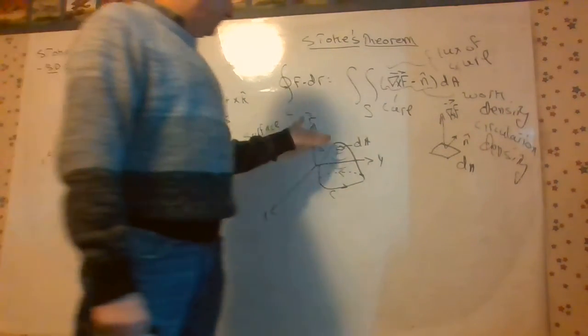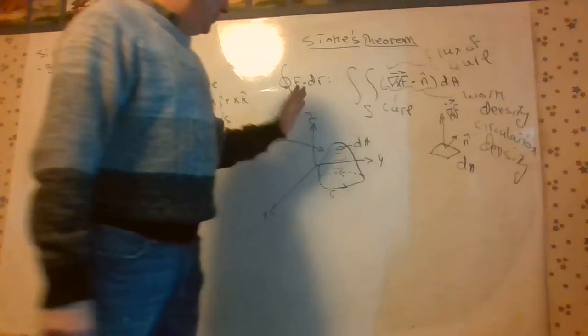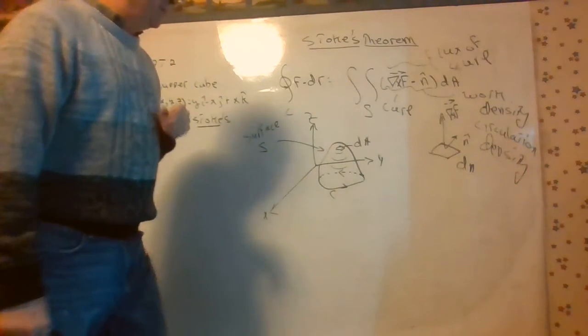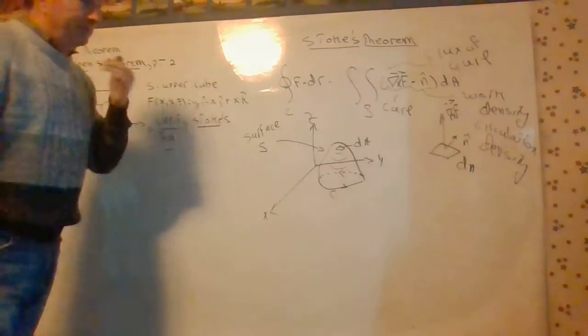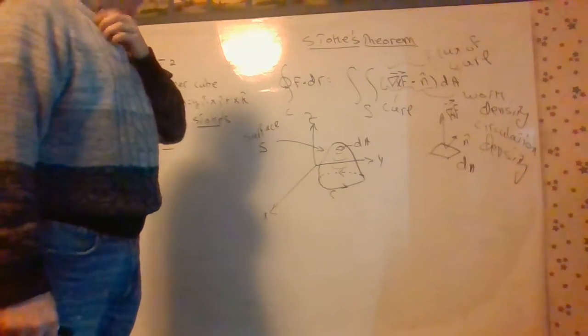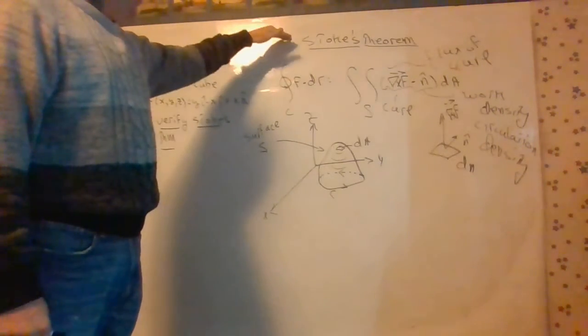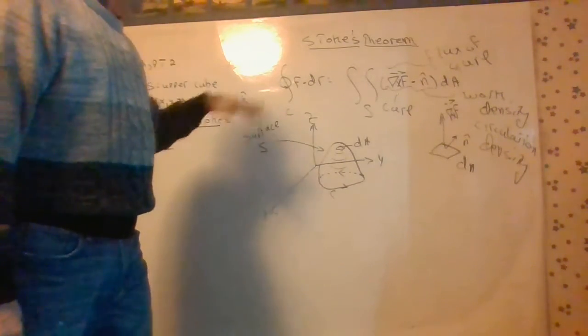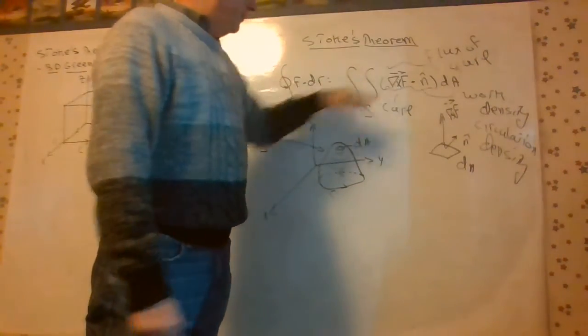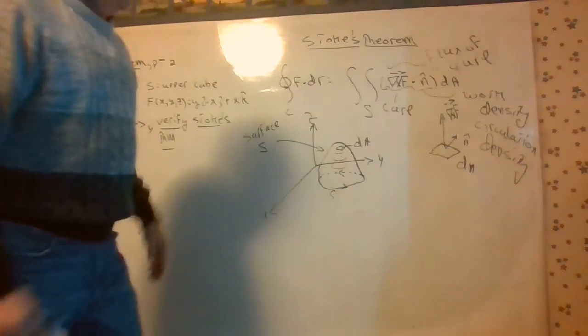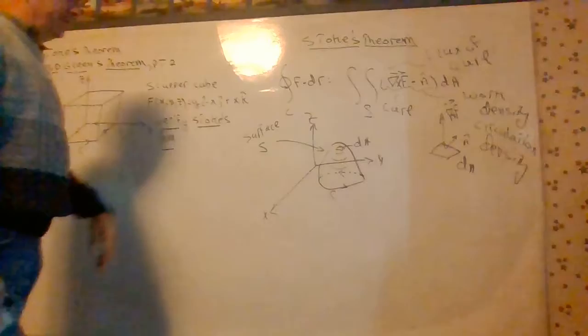And of course, the direction of the curl is actually perpendicular to the plane of maximum circulation, if that makes any sense. Well, in any event, in this case, we're really interested in verifying Stokes' theorem, so you can learn what some of these symbols mean, so you're not intimidated by these symbols.